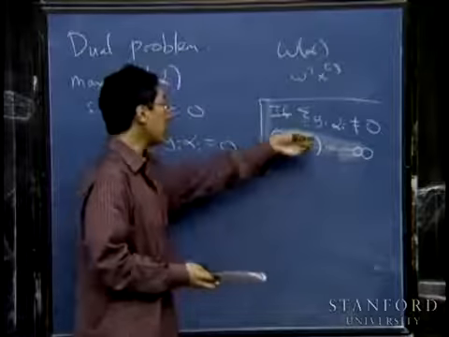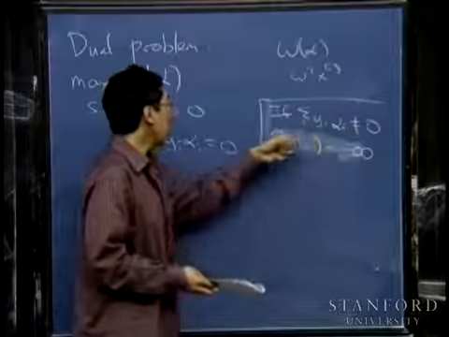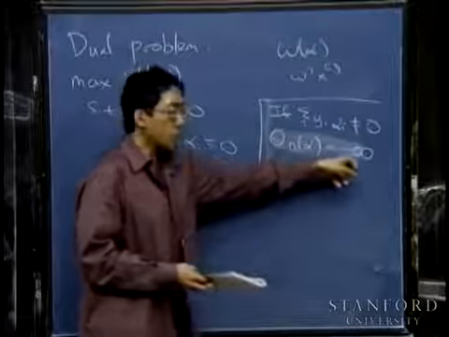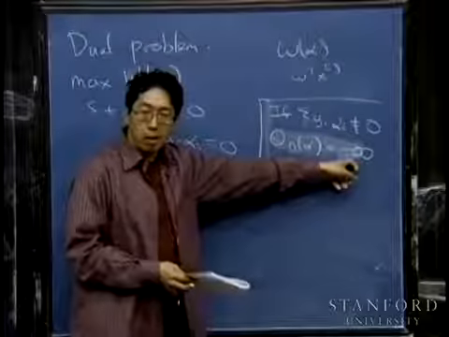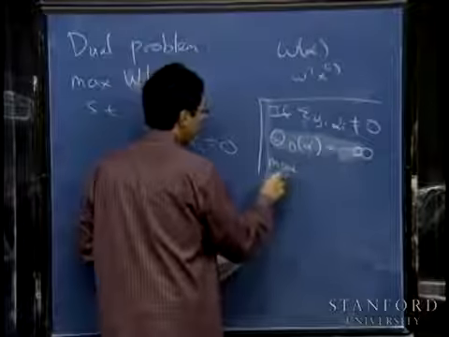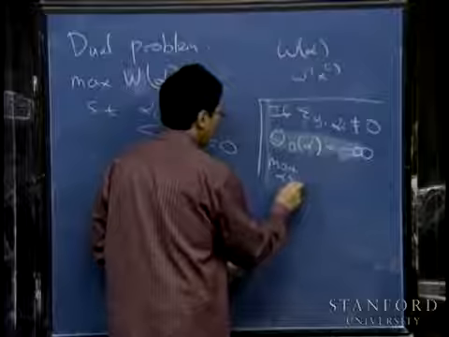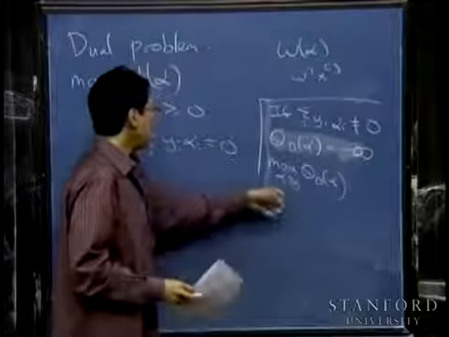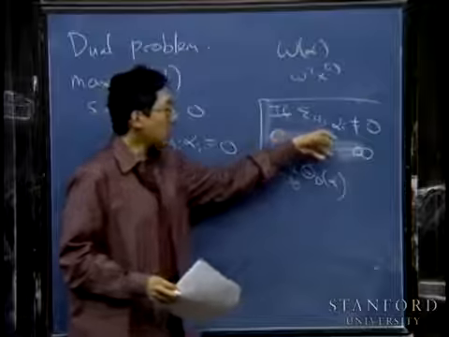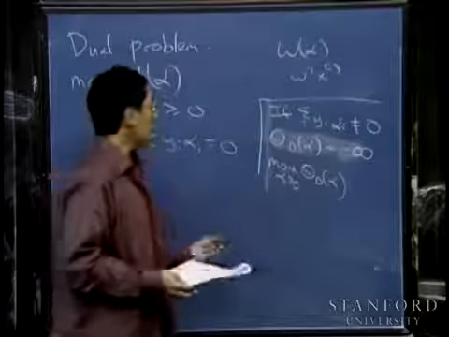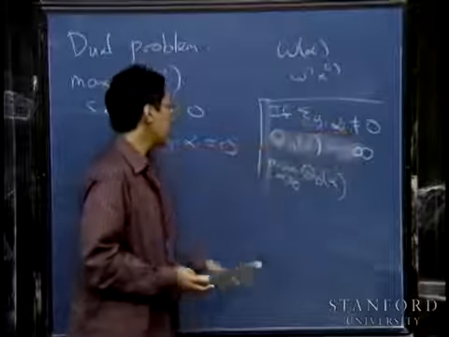So the interpretation of that constraint is that if the sum of yi alpha i is not equal to 0, then theta D of alpha is equal to minus infinity. And so if your goal is to maximize theta D of alpha as a function of alpha, then you better choose values of alpha for which the sum of yi alpha i is equal to 0.